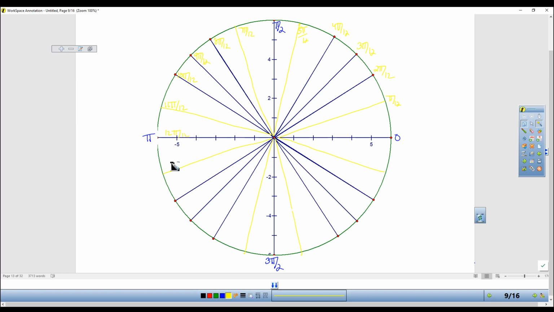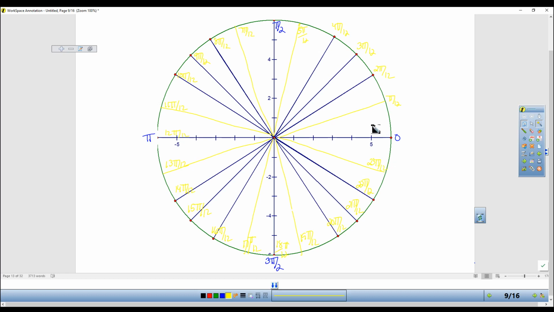All right, then we get 13/12, 14/12, 15/12, 16 twelfths, 17 pi twelfths, and 18 pi twelfths, which we reduce to 3 halves. 19 pi twelfths, 20 pi twelfths, 21 pi twelfths, 22 pi twelfths, and 23 pi twelfths.